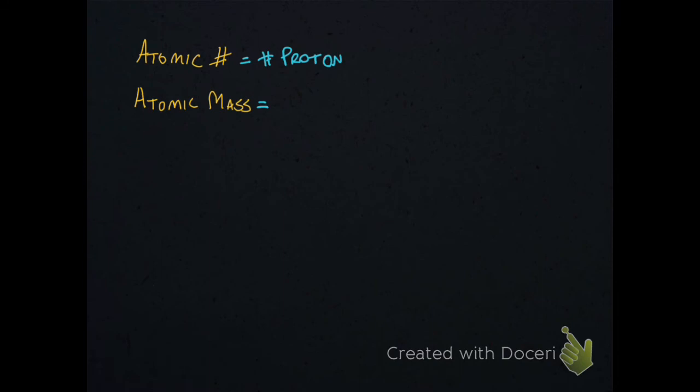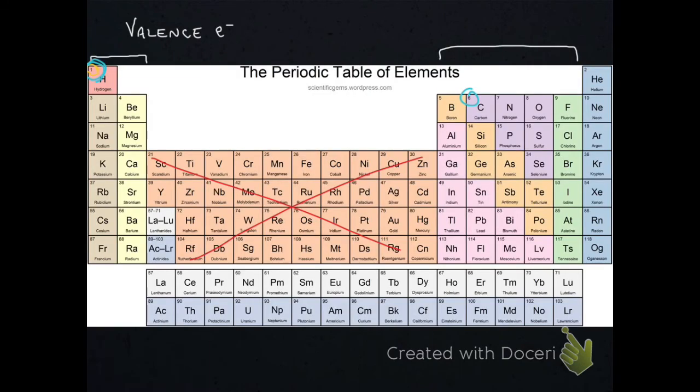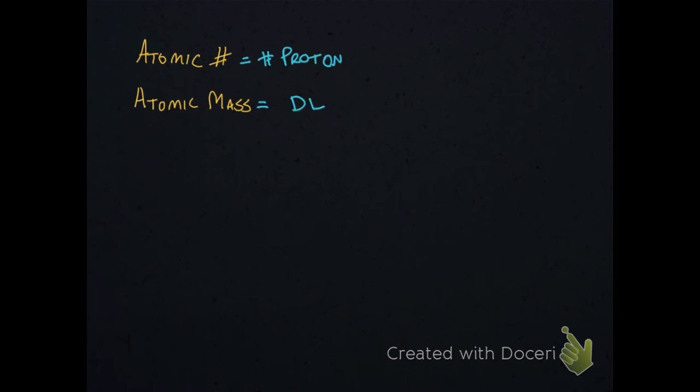And on the periodic table, I don't think that mine has it on there. No, it's just the atomic number decimal. The atomic mass is going to be the decimal under the symbol, usually on the periodic table.